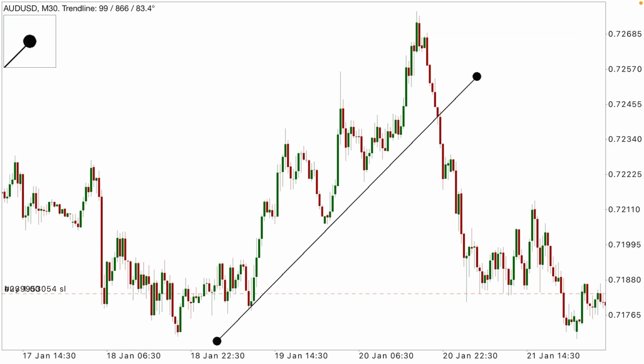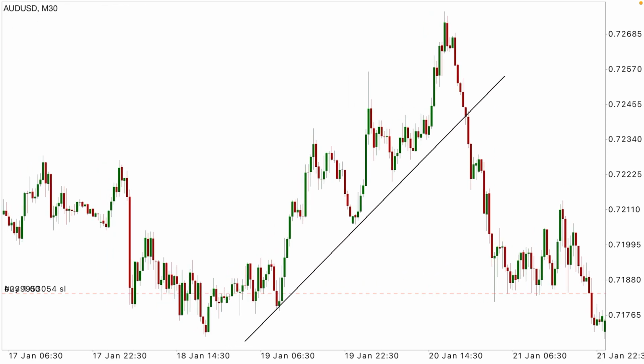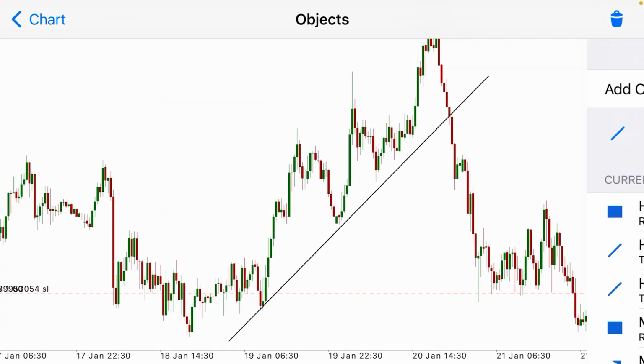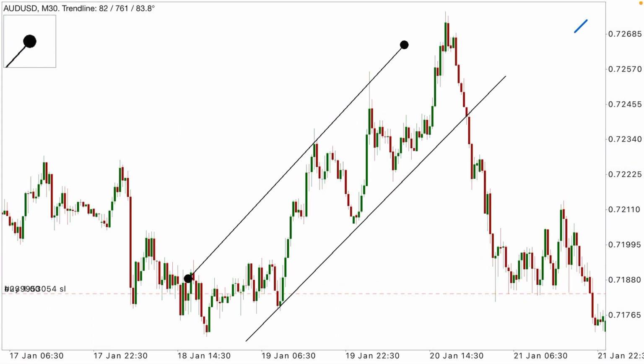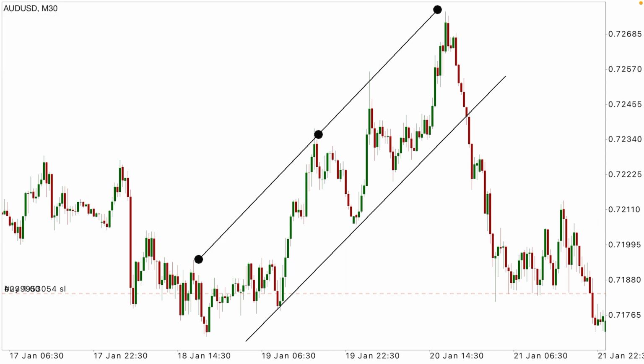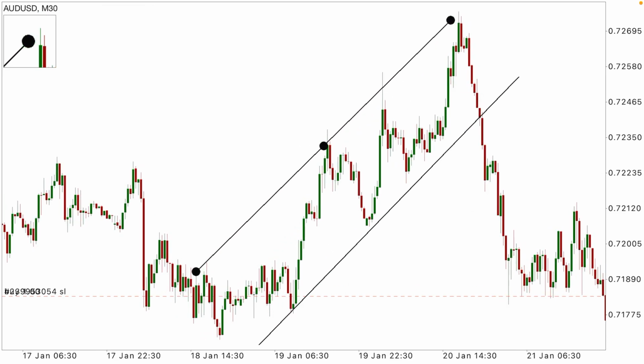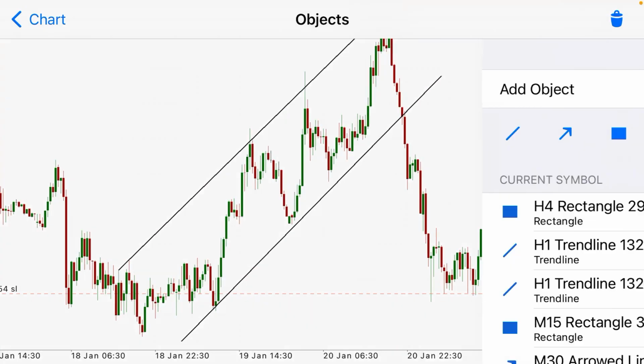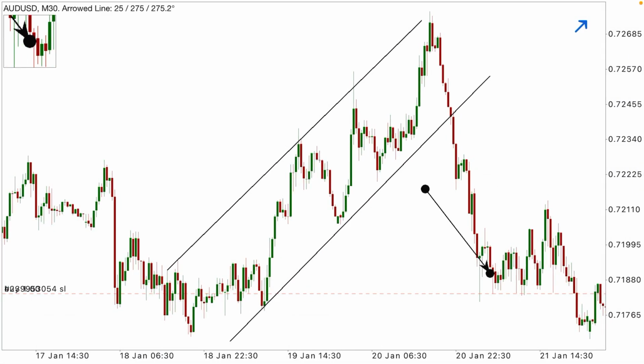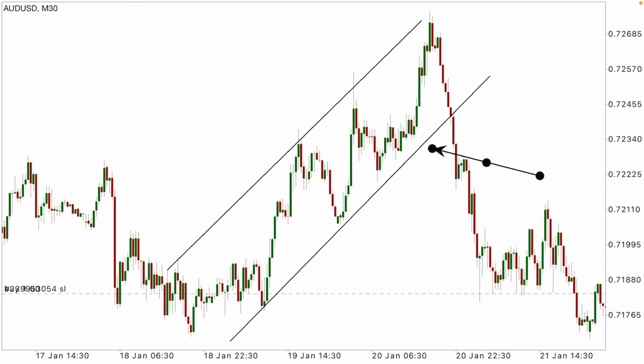I'm in a trade currently on this AUD/USD. We have a trend line here. These are upward trend lines, a channel. All right, now a trend line breakout trader would approach this market and sell from here.